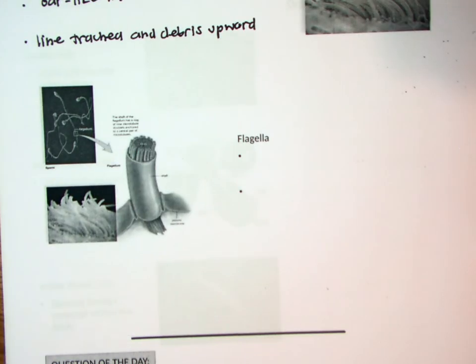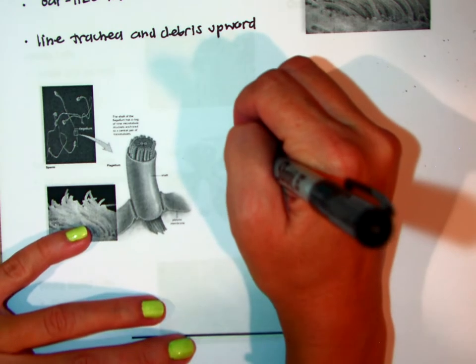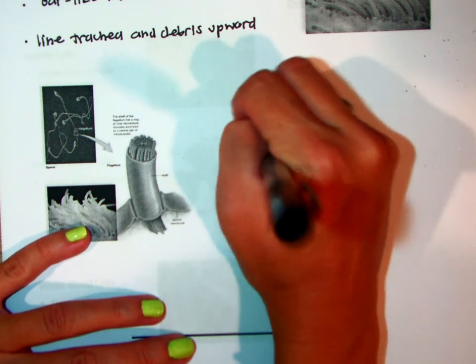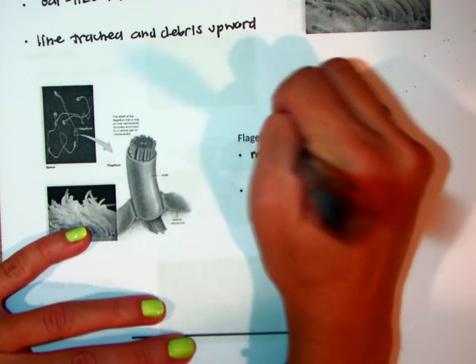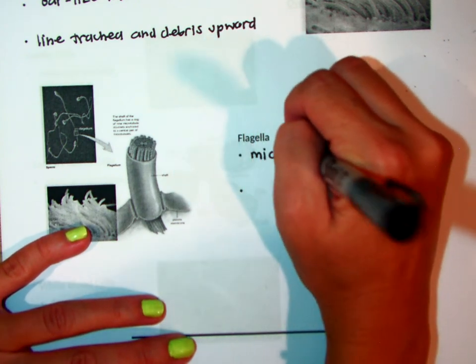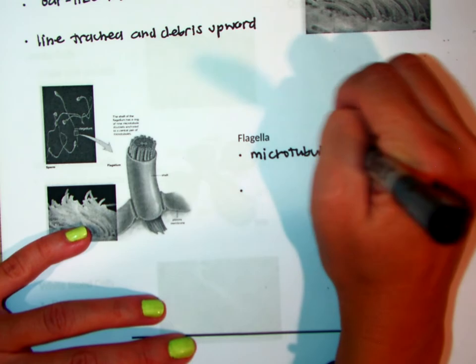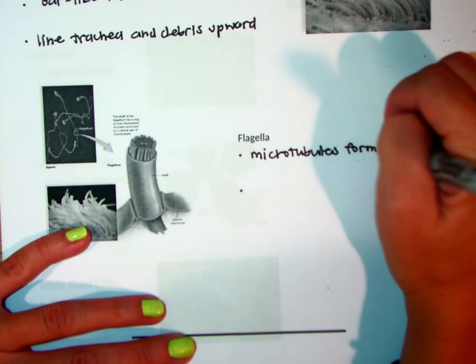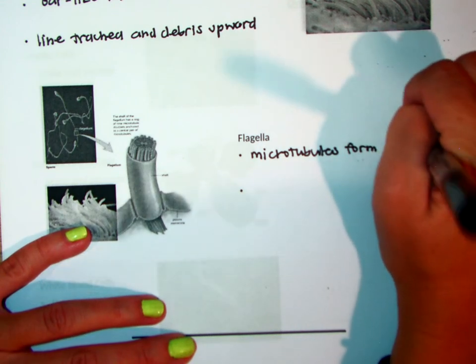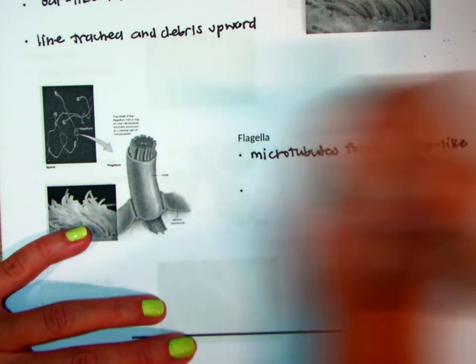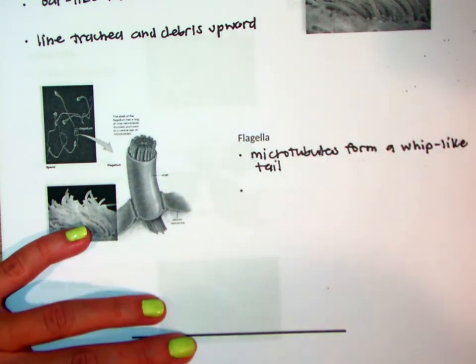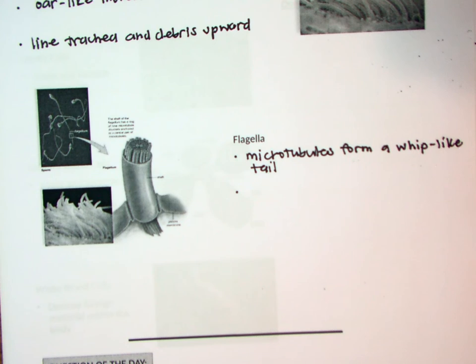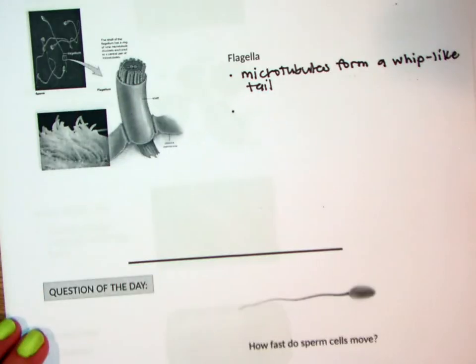Next, we have flagella. So these are when microtubules form a whip-like tail. And I know what we all think of when we hear flagella, at least me.